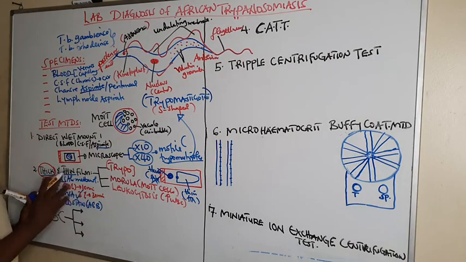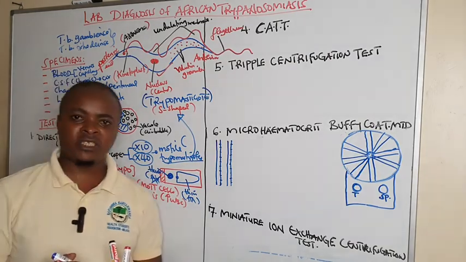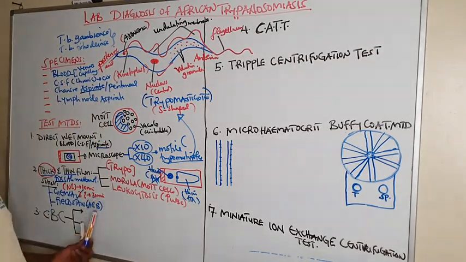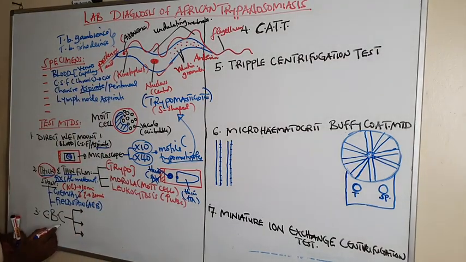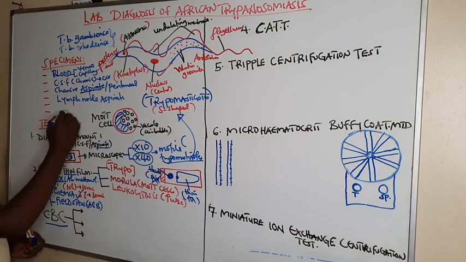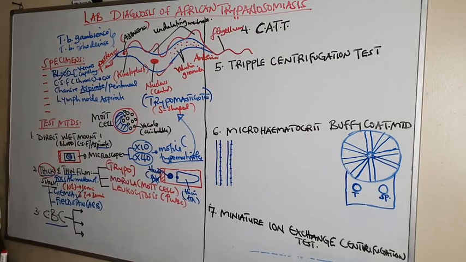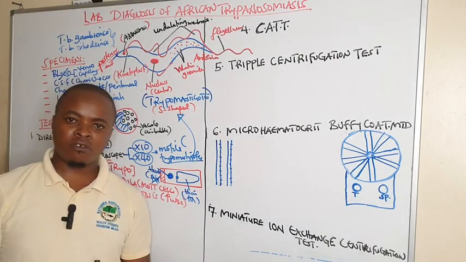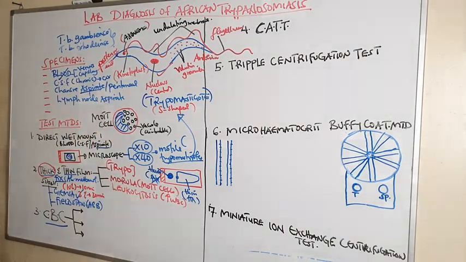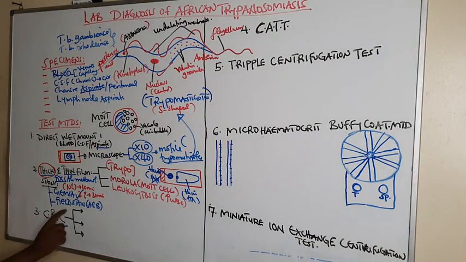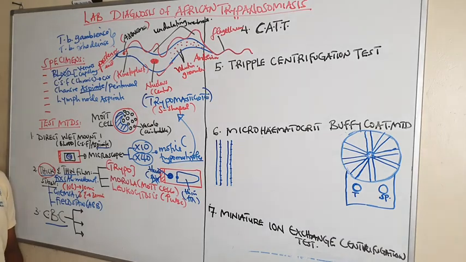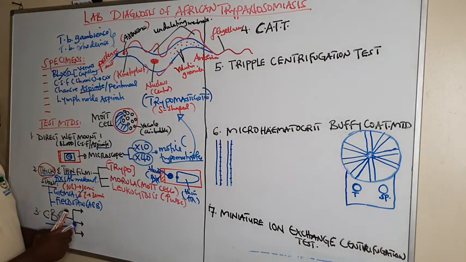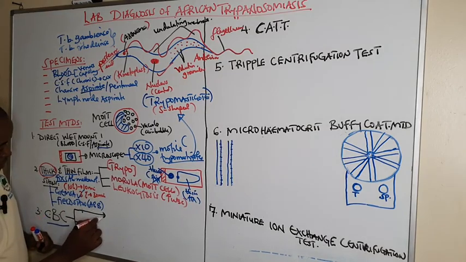So after looking at the thick and thin film stained with either Giemsa or Field, we can also go ahead and use this blood collected in EDTA to do what we call a complete blood count, CBC. Under complete blood count, we want to rule out conditions like anemia.